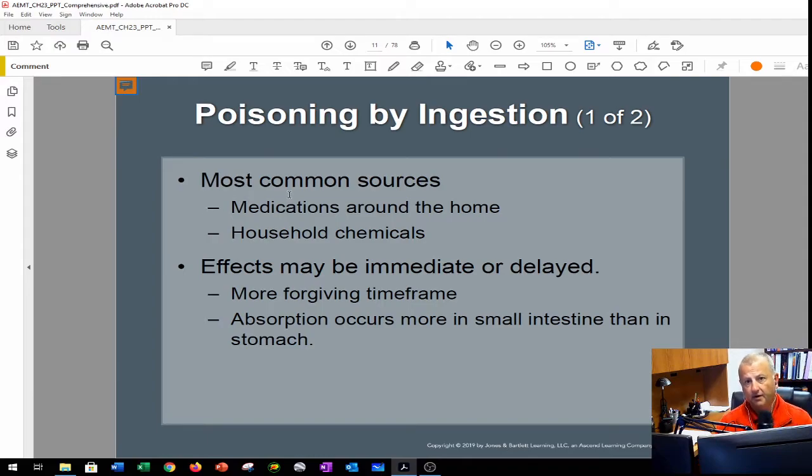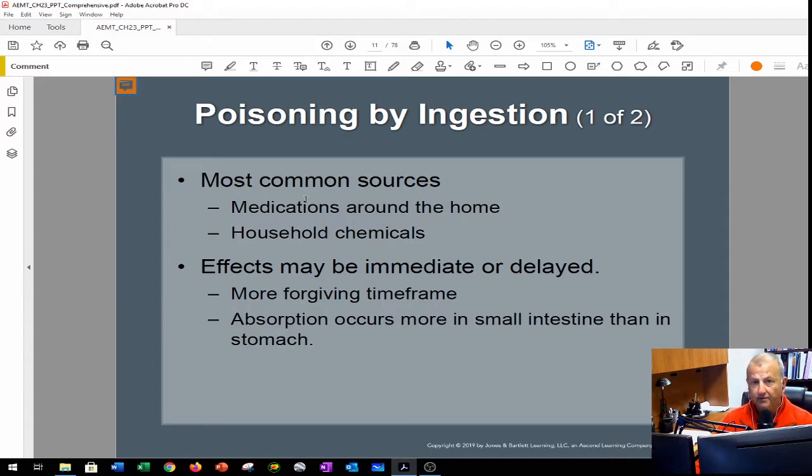The thing about ingestion is that it buys us some time. If somebody takes something by mouth, it buys us some time. And the reason is, as we learned in GI emergencies, the stomach is a holding container for food.